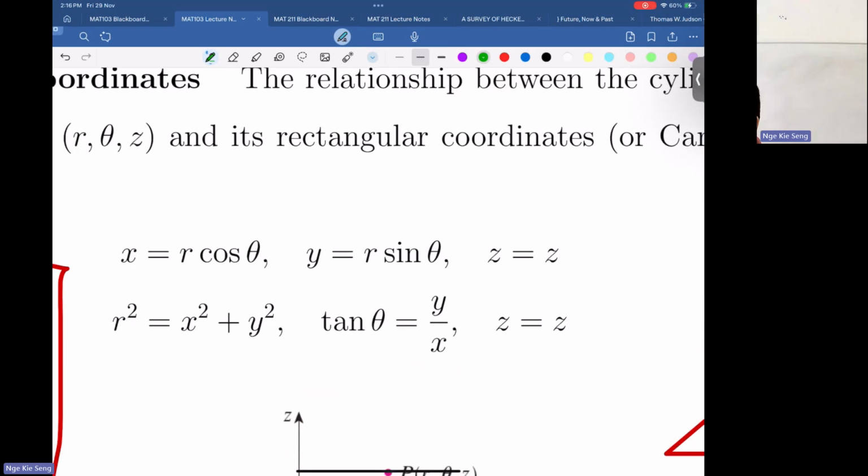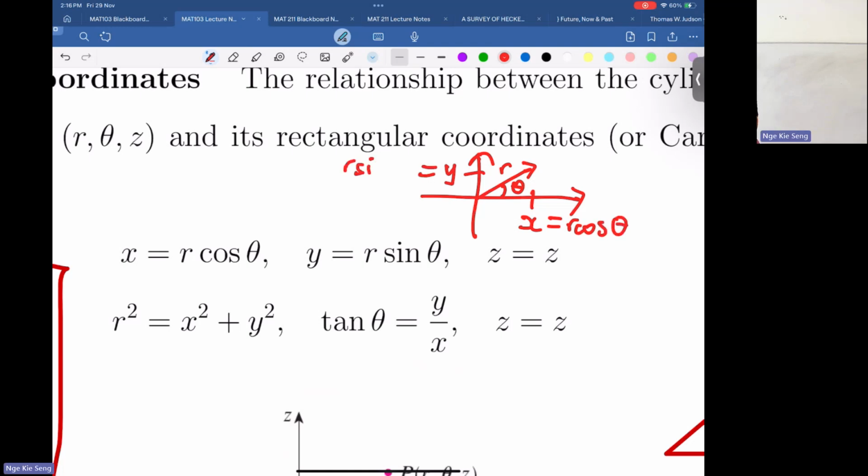Okay, let me draw it out. The x direction, y direction here. So you have radius r and theta. So x equals r cos theta, then y equals r sin theta. And how about your z direction?